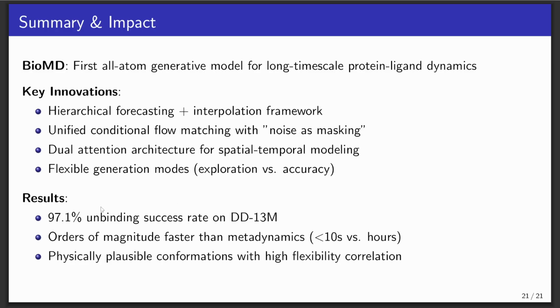And in results, it shows some plausible results. For example, it gets a high unbinding success rate on DD13M. It is orders of magnitude faster than metadynamics. And it produces physically plausible conformations with high flexibility correlation.